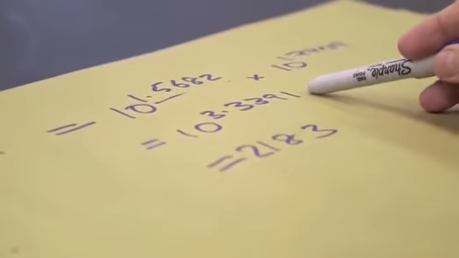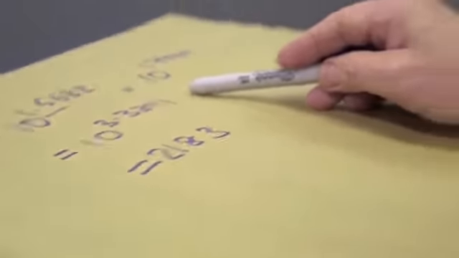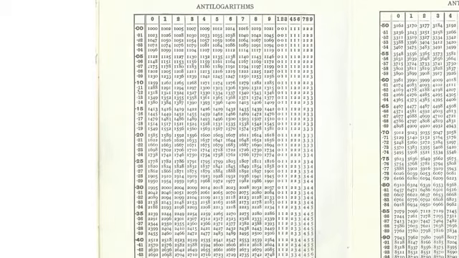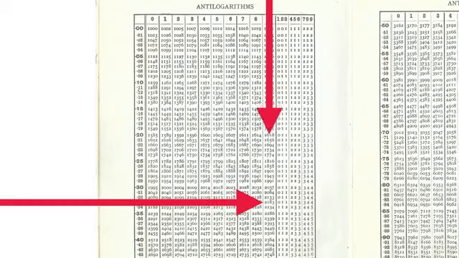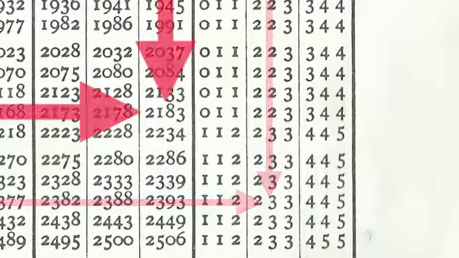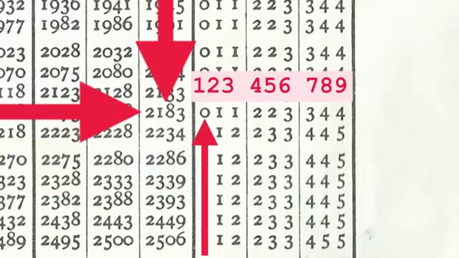So when I've got this number, I have to go to a different table, which is called the table of antilogs. Now the 3 in the front of this means 1,000, so I just have to look up 0.3391. So I go down the table, there's 0.33, and then you look across the top and there's a 9, 3391. 2183, and then I look at the 1, which is this thing, and add that, and you see I get 2183, and if there was a number there I'd have to add that last one, but it's actually 0.